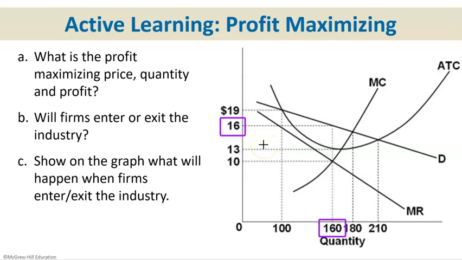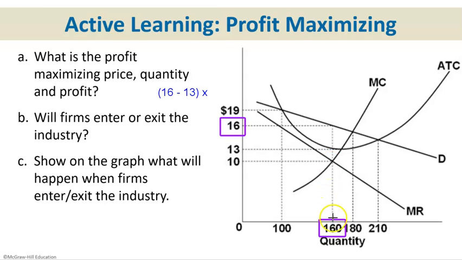Now to solve for profit, we're going to take the price, which we said was 16, subtract average total cost. So to find average total cost, stay on the quantity that they're producing and go straight up until you hit the ATC curve here. And that will tell you the average total cost looks like 13.